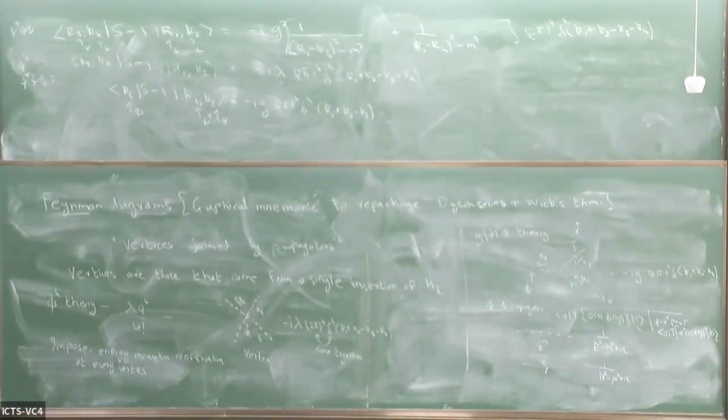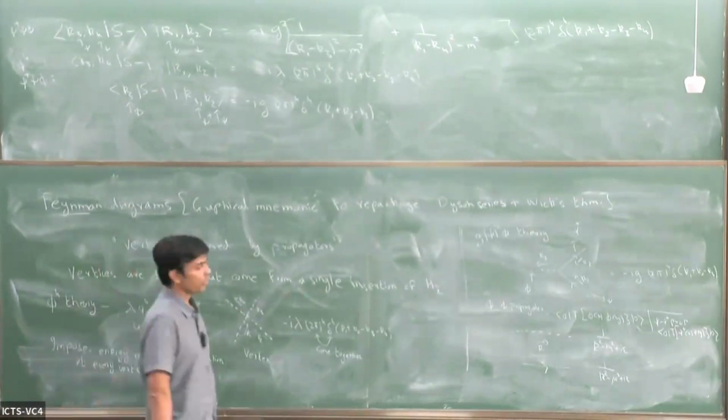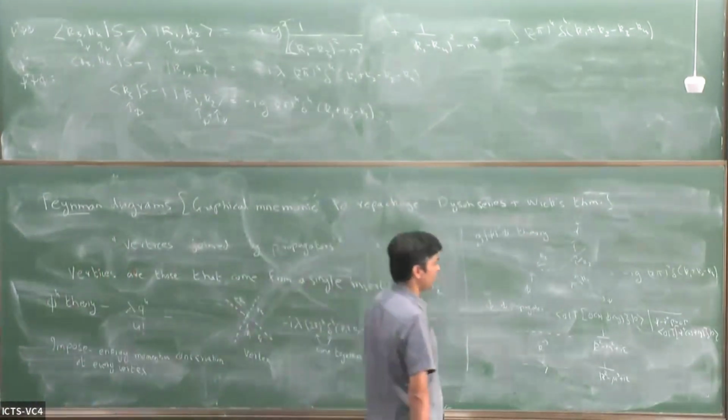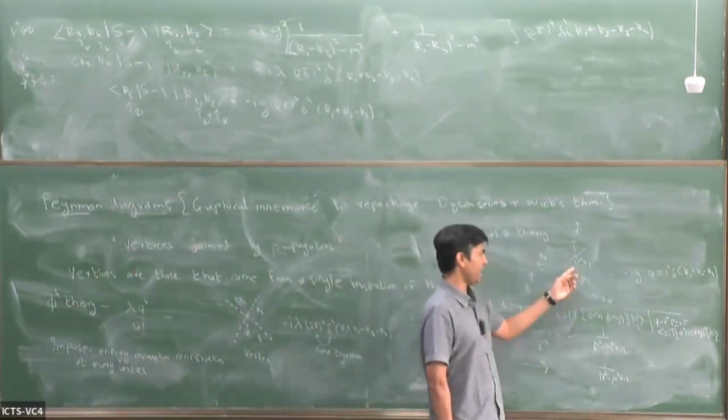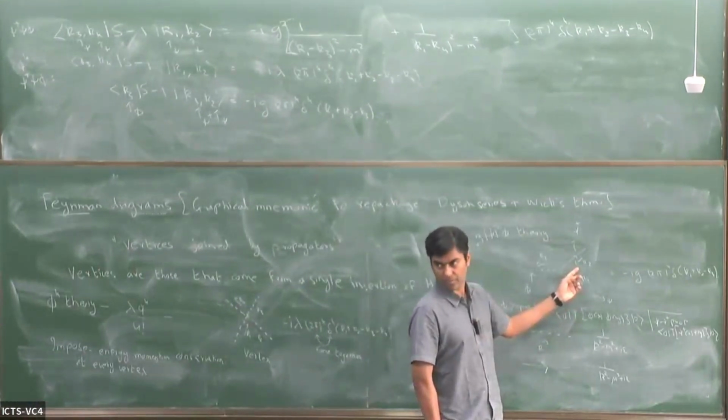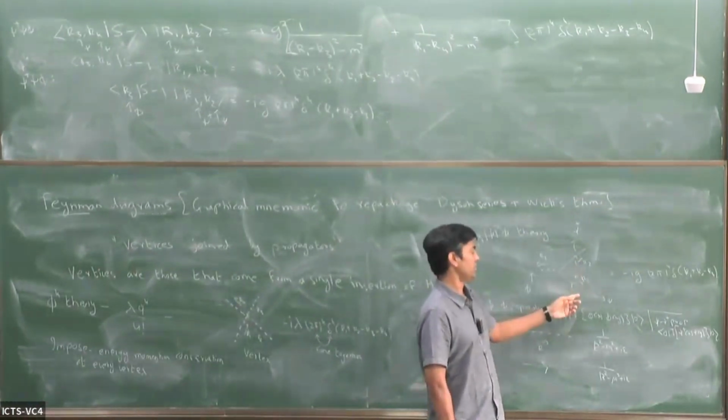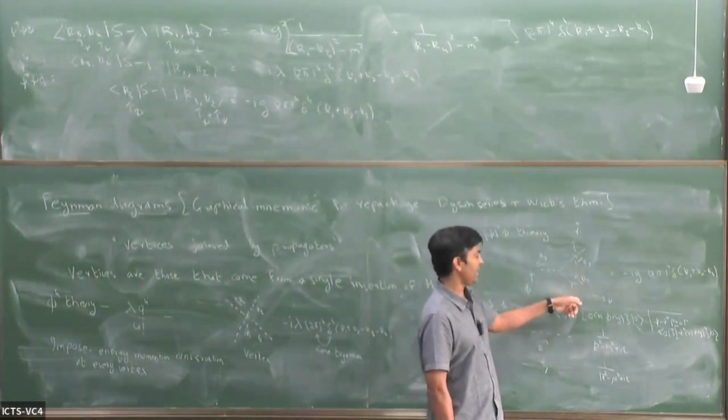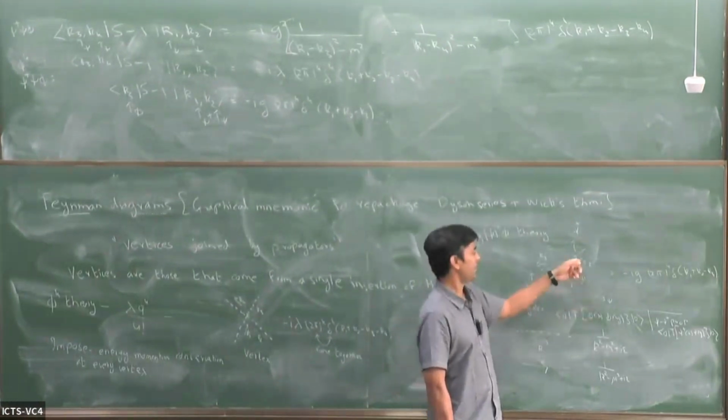The arrows on the line. You see, there are two kinds of particles, right? One is a psi and one is a psi dagger. So the arrows on the lines are what we are using to differentiate which is a psi and which is a psi dagger. So we can assign a psi particle here and a psi dagger particle here.